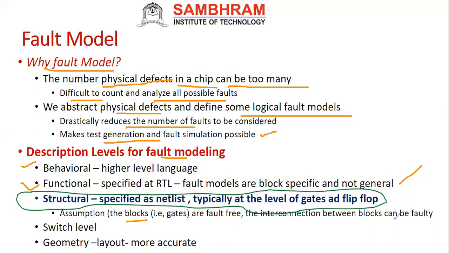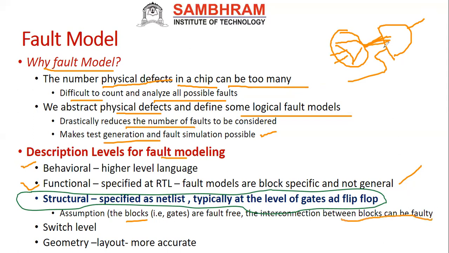The interconnection between the blocks can be faulty. For example, if this is one OR gate, and I have a connection to an AND gate here, then the gates are fault free. Where will the fault normally be? From one block to another. That is why the connections between blocks can be faulty.